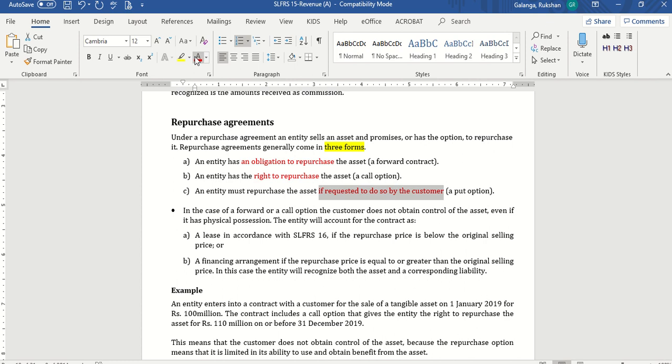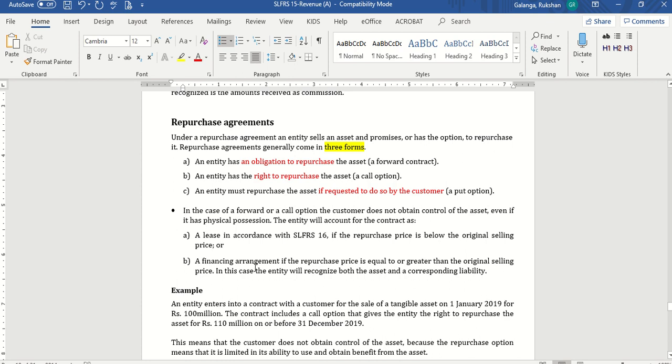The second one is the call option, that means you can ask the customer to sell back. But in the third one, the customer has the option to put it back to us. The customer will ask us to pay. So these are 3 scenarios, 3 natures of the repurchase agreement. We'll see what the accounting treatment is for that.